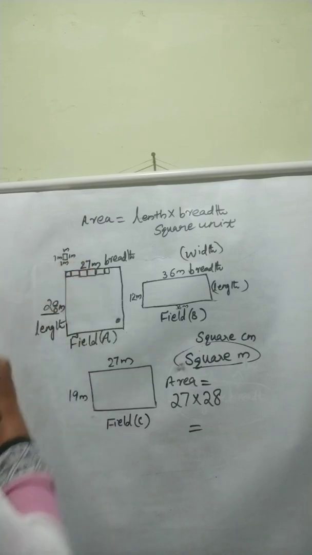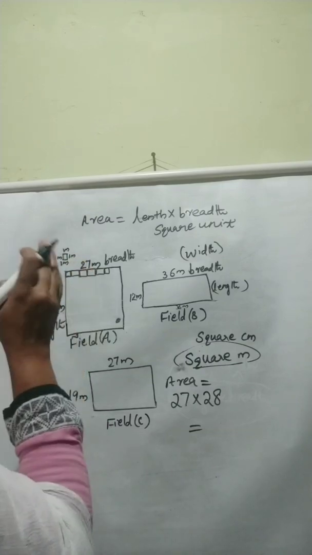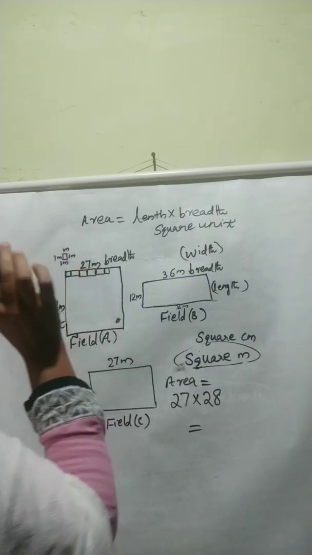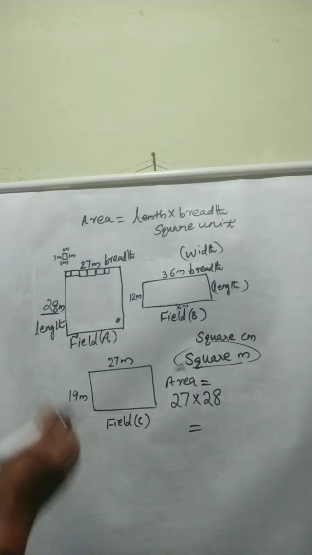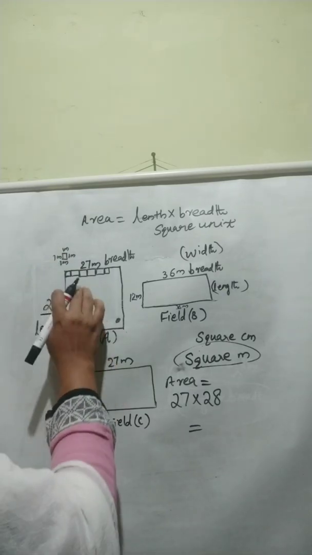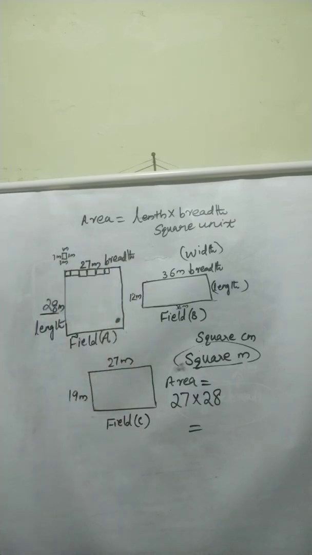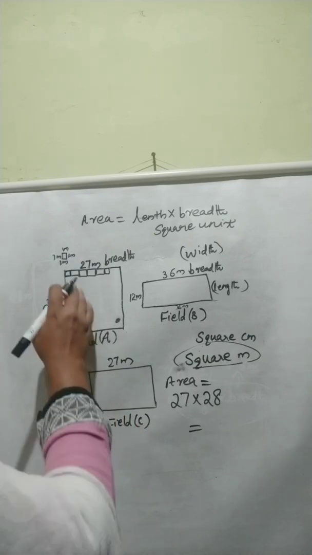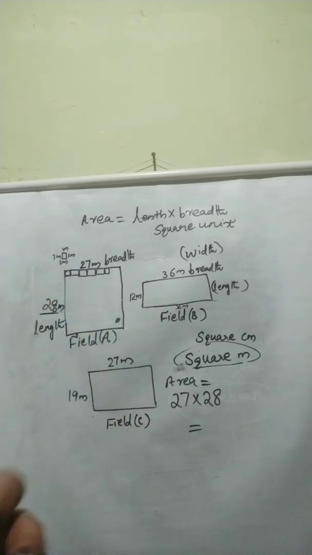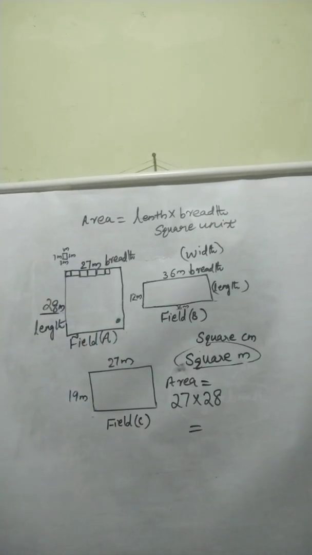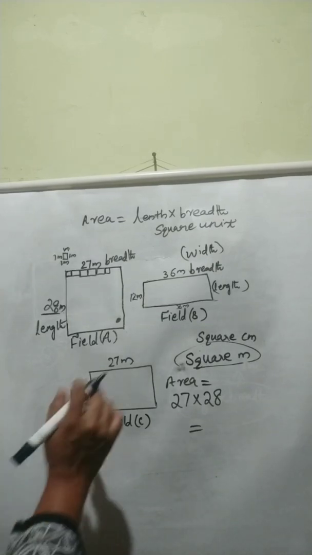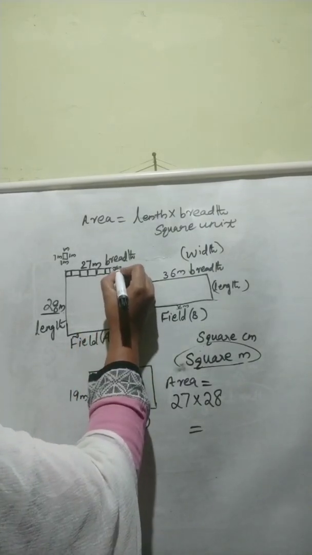How many such squares can we draw inside this field? All sides need to be 1 meter. So here we can draw 27.